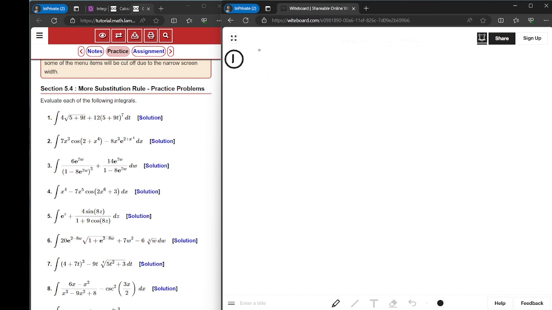So let's solve the integral of 4 times the square root of 5 plus 9t, plus 12 times the quantity of 5 plus 9t raised to power 7 dt.